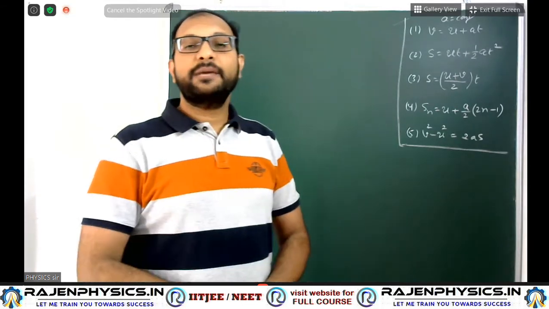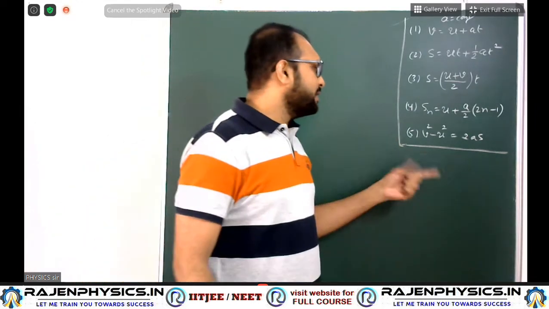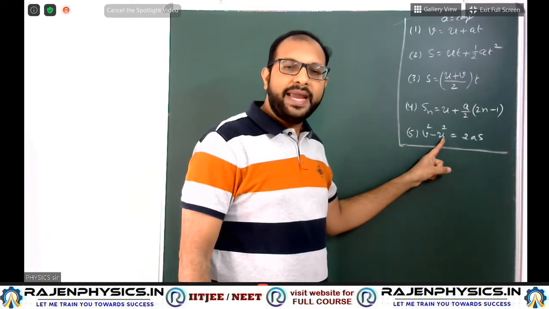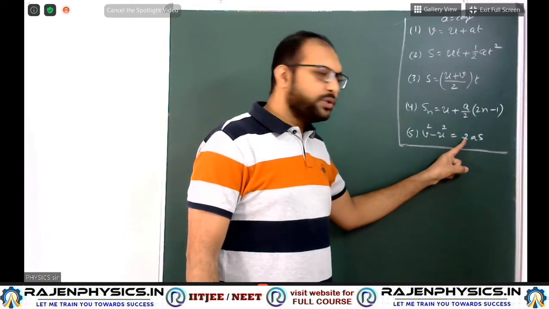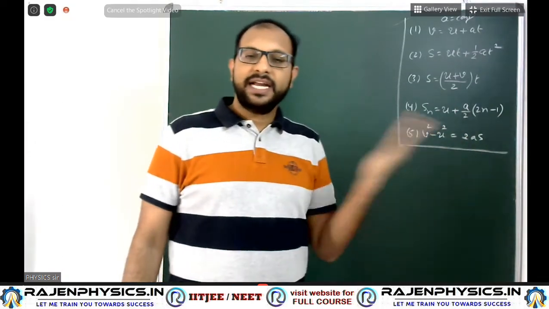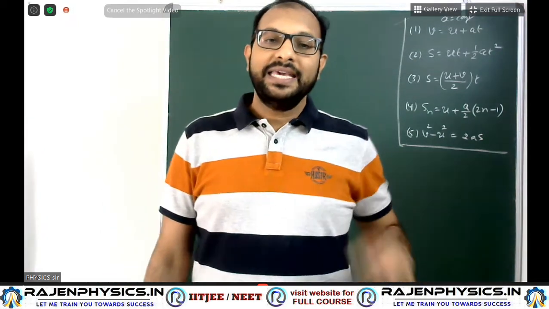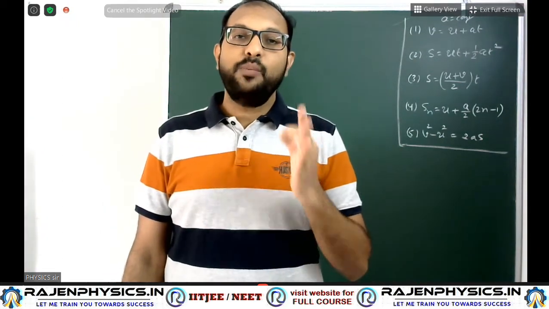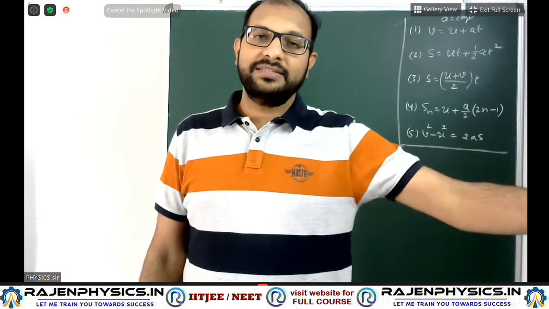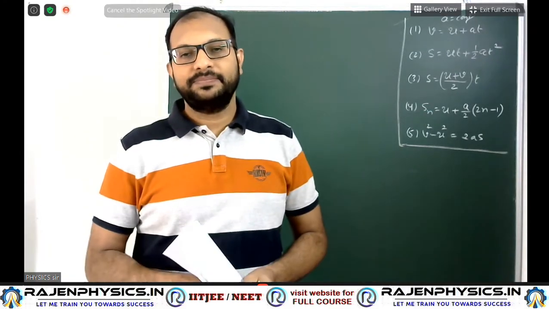Use minus 6 meter per second square. So 0 minus 43.2 into 5 by 18 whole square equal to 2 into minus 6 into s. Left side and right side minus cancel out. Finally you will get the displacement, that is, after traveling through how much distance the body comes to rest. So you calculate the distance.